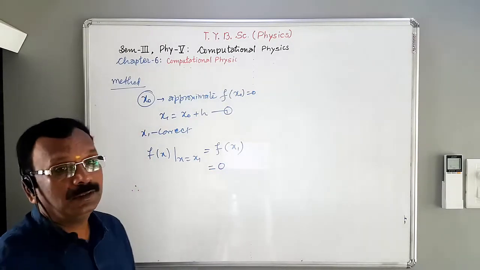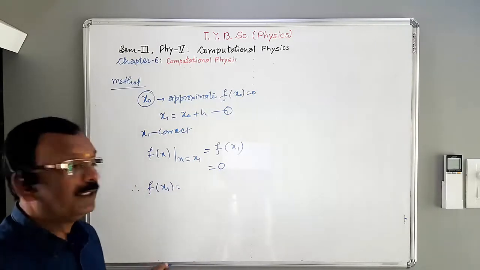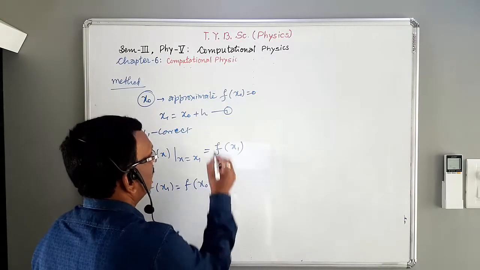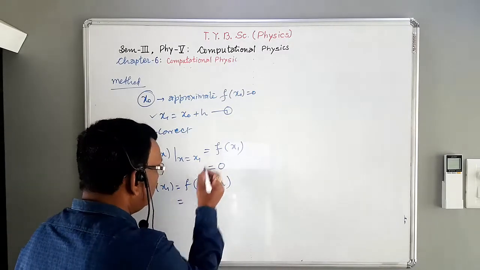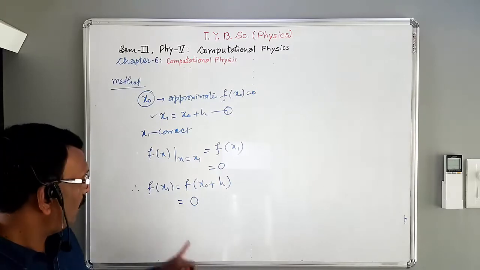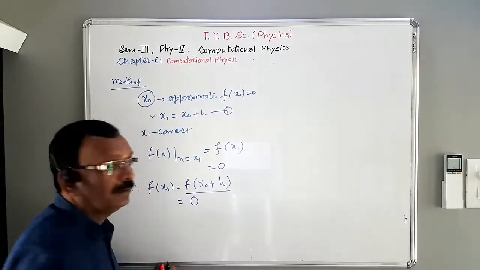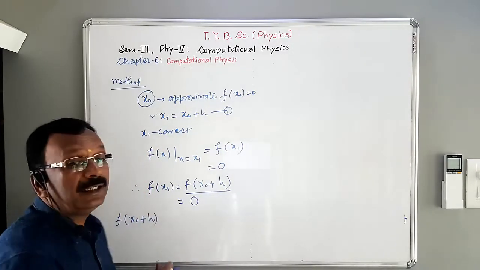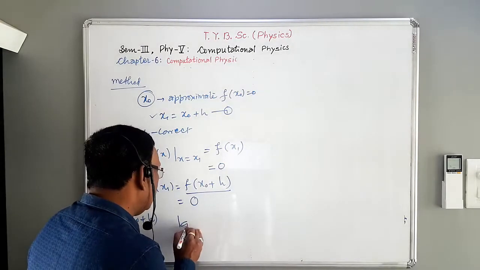Therefore, f of x1 is equal to f of x0 plus h. If this is 0, then this is also 0. Now remember that this function f of x0 plus h can be expanded by using Taylor series.